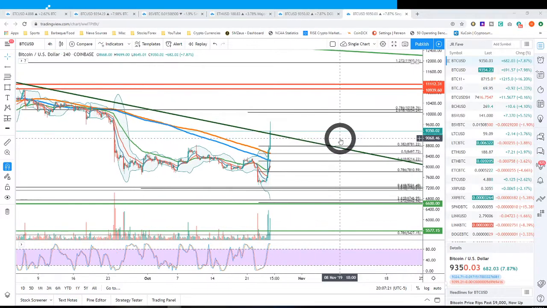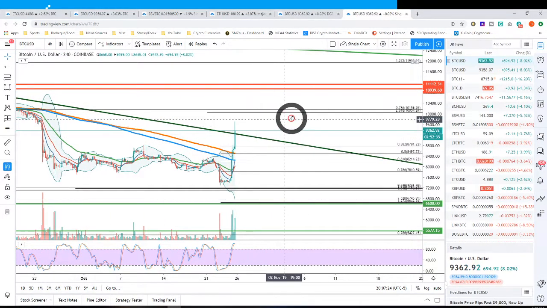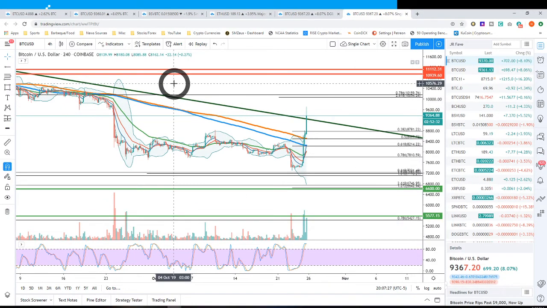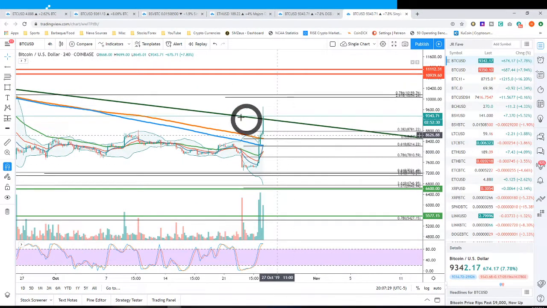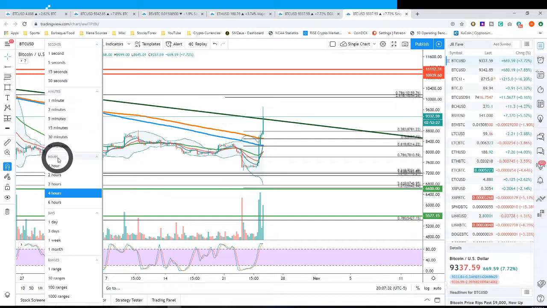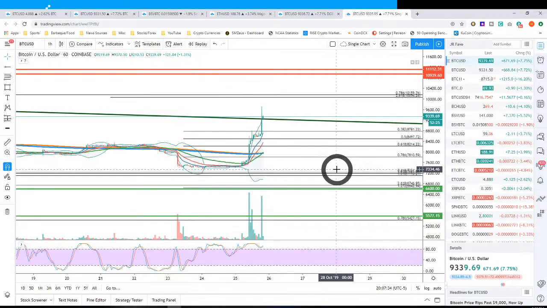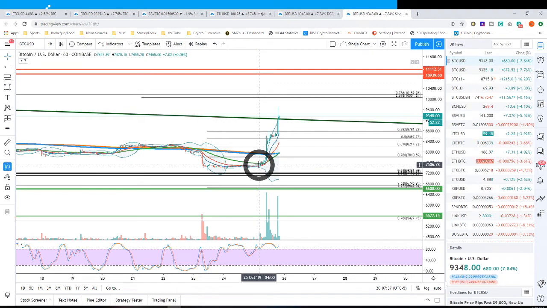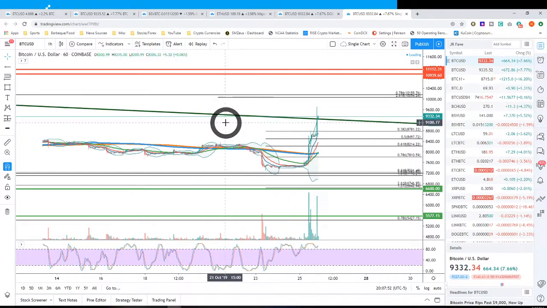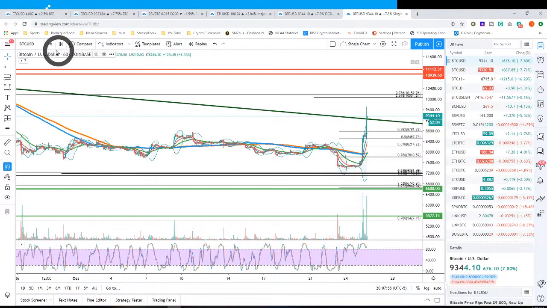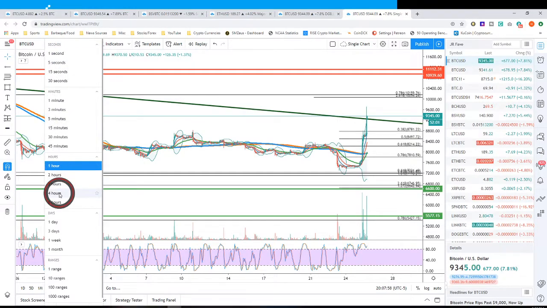All right, and Bitcoin continues to push higher. That's on the 4-hour chart. Let's go over to a 1 hour. Yeah, this thing's a monster right now. So I would say at this point, I'm sure everybody's going, do I jump in now?